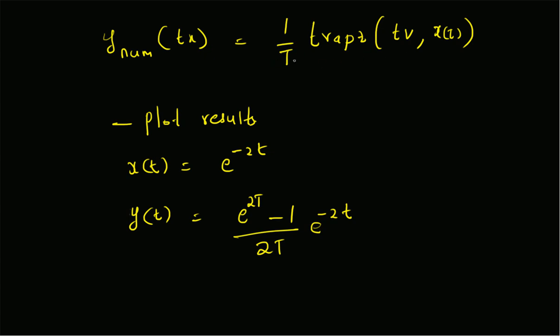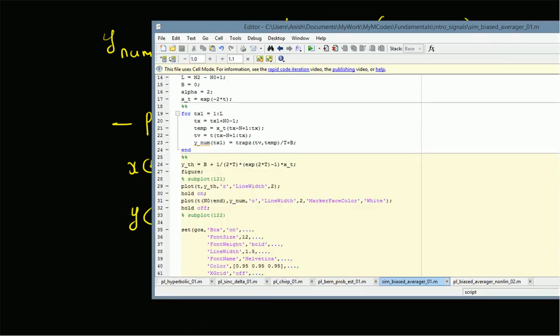Then we divide by the time T, the capital T, so that we get an approximation of the average. We store it in a vector ynum, and we also have the theoretical average value, given by (e to the power 2T minus 1) by 2T into e to the power minus 2t, with capital T in the first term and small t in the second. So that is the theoretical value of the averager. Finally, we compare these two results.